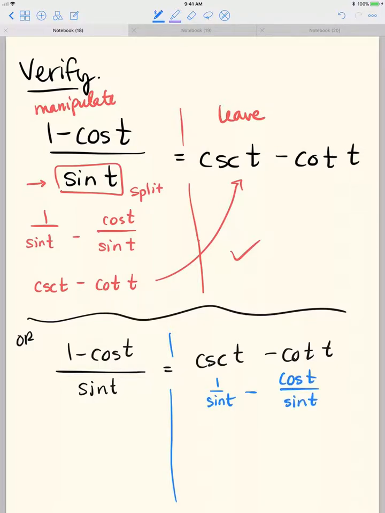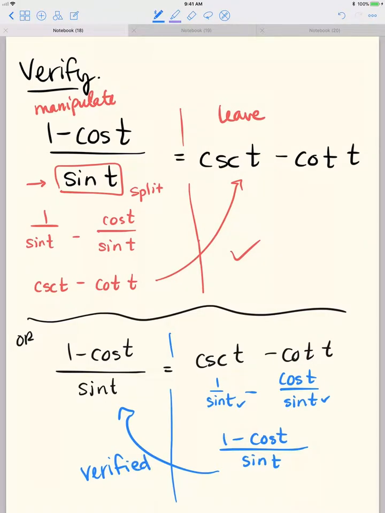And I have a common denominator, and if I subtract across the top, I get 1 minus cosine over sine, which is what you were trying to verify on the left. So this is one of those where I don't really know that one was easier than the other, but you could have certainly gone either direction. But again, whichever one you choose, do not touch the other side of the equation. Leave it and try to make the other side equal. So again, either direction for that one.